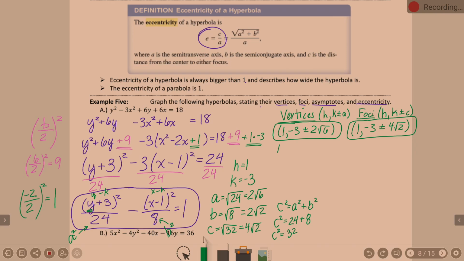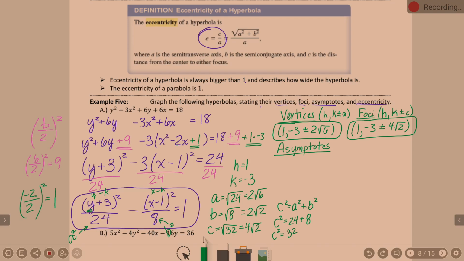Okay, here's a new one. Asymptotes. Now, it's a new one, but do we have a formula for it? Yeah, grab the formula. Remember, Y came first, so I'm in the right column. In the right column, never remember which is which.